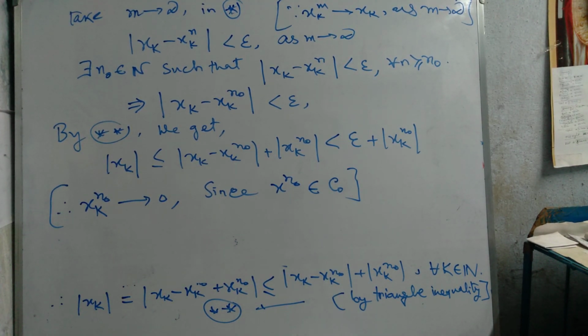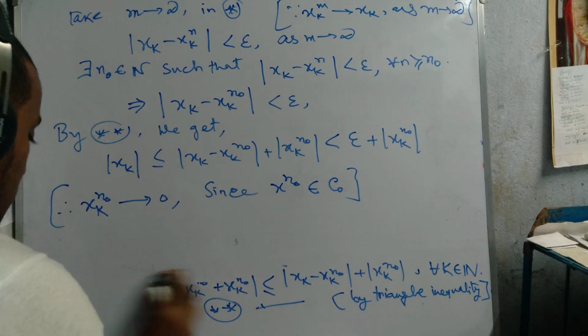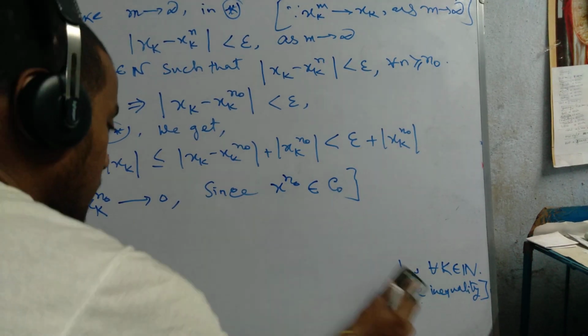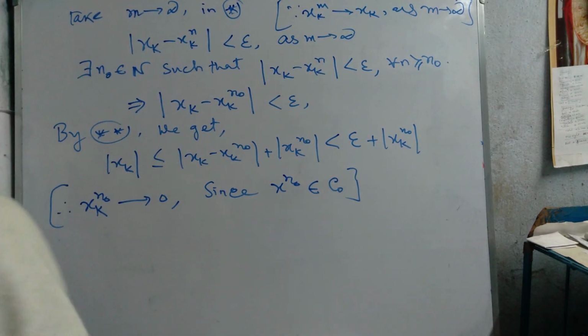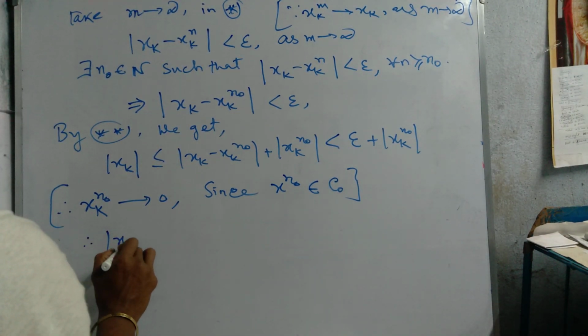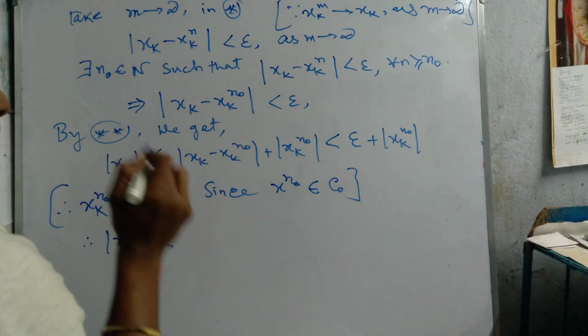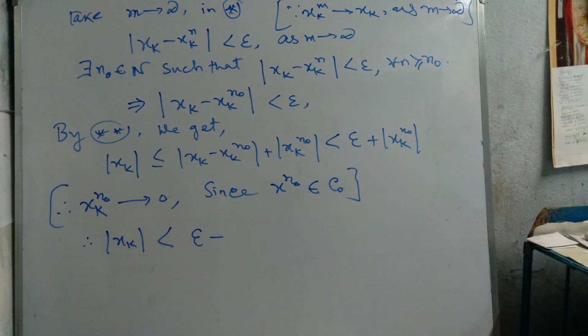So we erase that portion, the below portion, then we write here the modulus of xk less than epsilon.